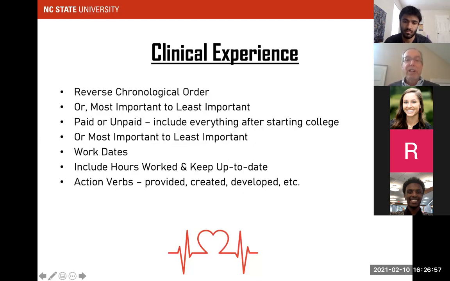Let's say you were volunteering at a hospital for 3 or 4 hours a week for 6 months, then you put that on there. But let's say you have also been doing something in a physician's office at the same time, some kind of medical assistant work in a physician's office or at a medical clinic, and at the same time you're going to school full time, but you're working 10 to 15 hours a week.